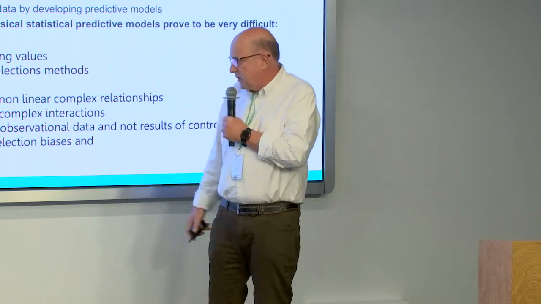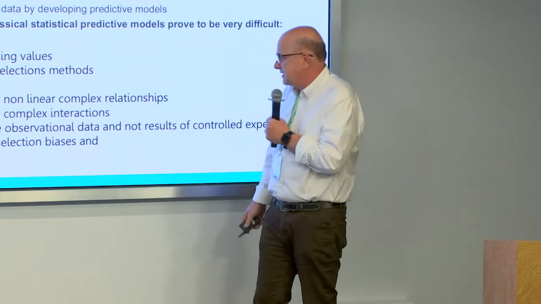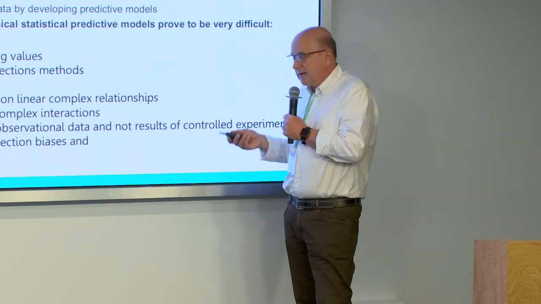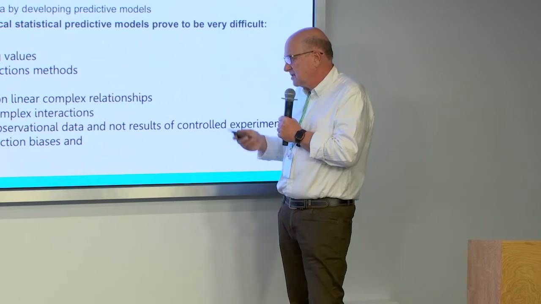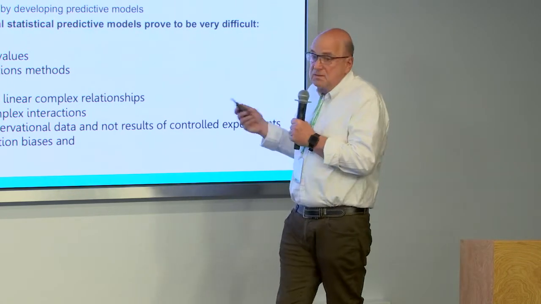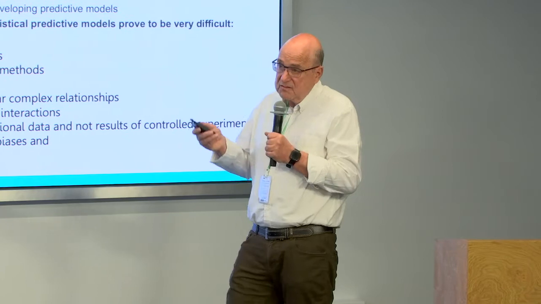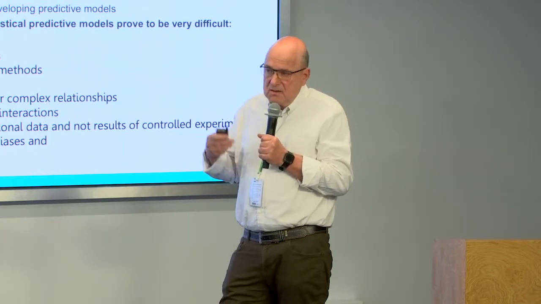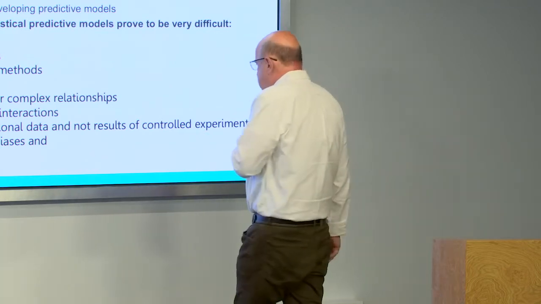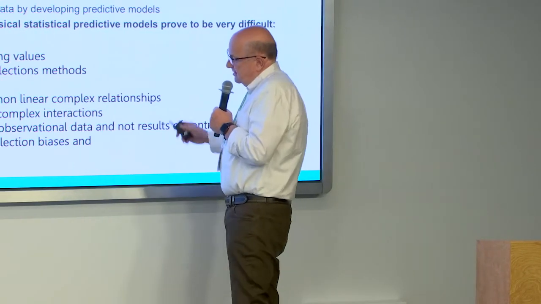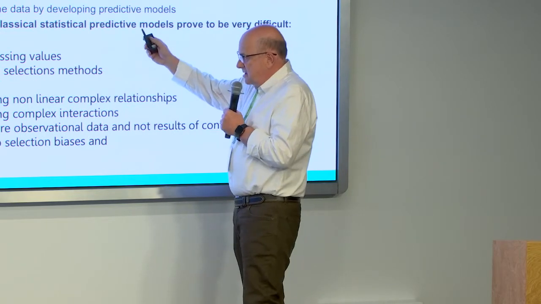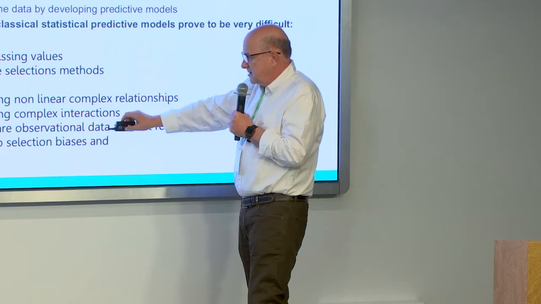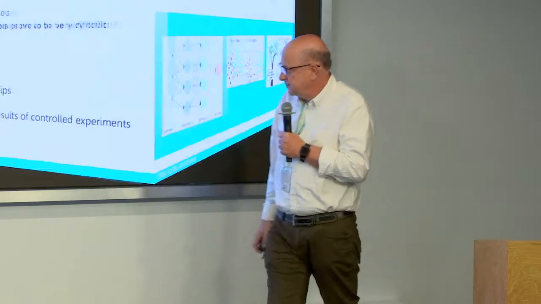Data includes many outliers. There were difficulties in identifying nonlinear complex relationships, identifying complex interactions, and most of the data sources are observational data, not results of controlled experiments, with a lot of problems how to tackle this. And I think that maybe for all the problems here, we have a solution. This yet, we don't have a solution.